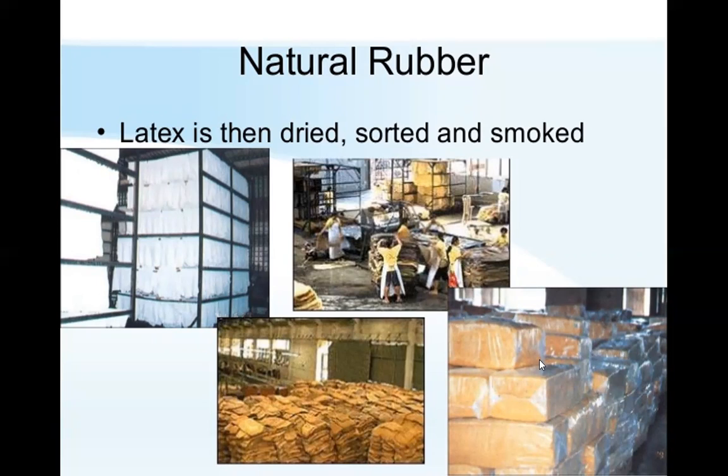The rubber processed by this method is called crepe rubber. The crepe rubber sheet is dried in the sun.